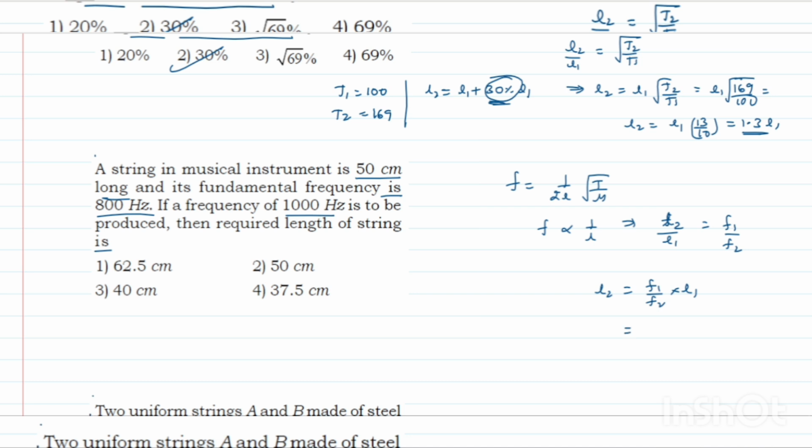Frequency is given as 800 Hz, so 800 by 1000 into L1, which is given as 50. Here 3 zeros and 3 zeros get cancelled, 8 5s are 40. So the L2 value will be 40 centimeter.